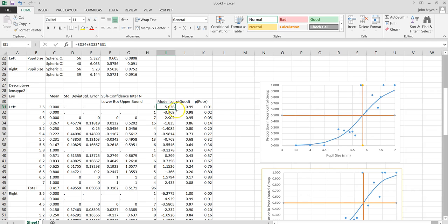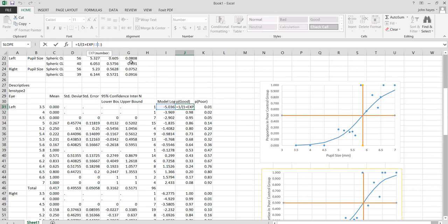And then we copy this down, and we get the logits for all of them. Well, logit isn't going to do us much good. We need the probability. So the estimated probability of pupil size 3.5 is 1 divided by the quantity 1 plus exponentiating it, taking it from a logit, doing the reverse of a log, and up to the model.